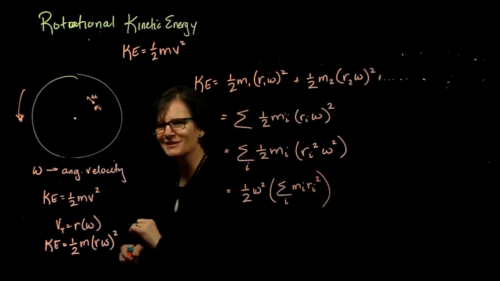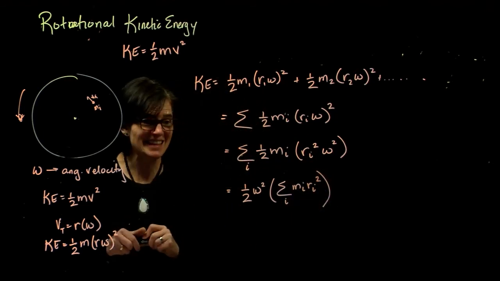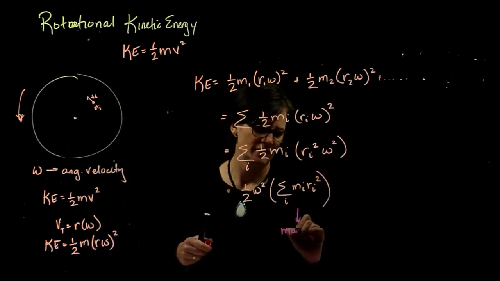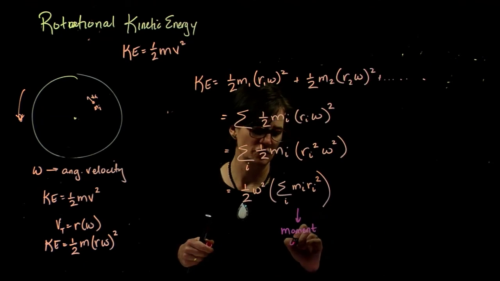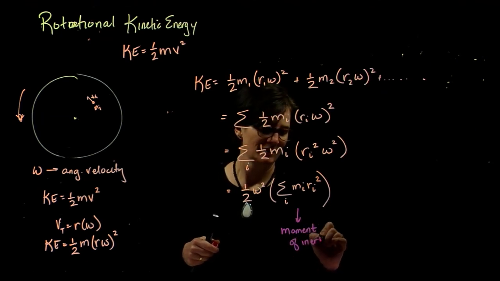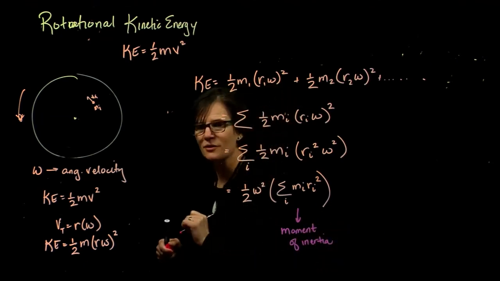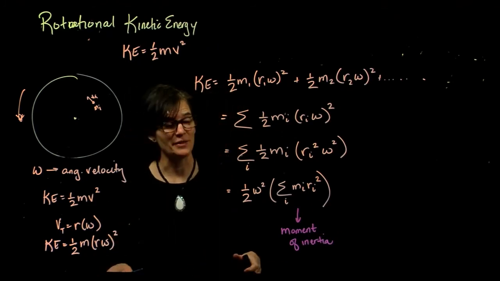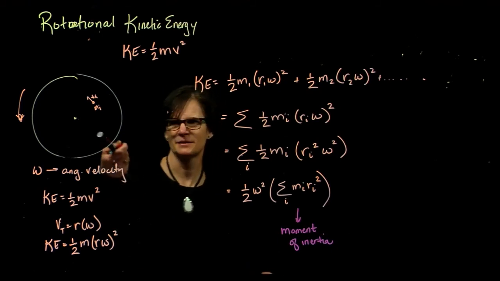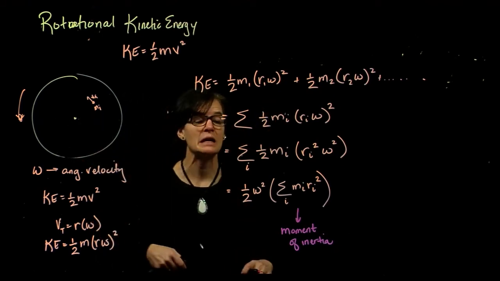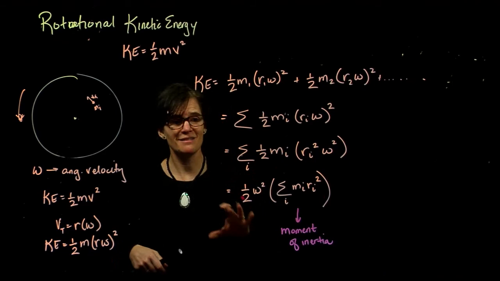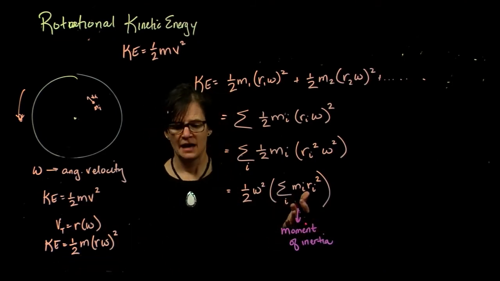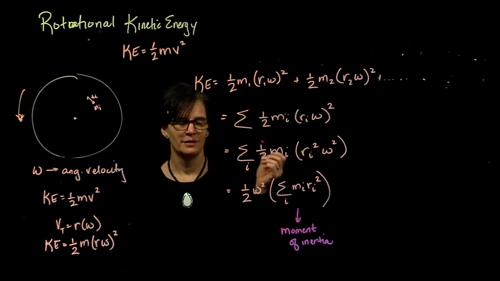Well, that should start to look a little familiar because this is what is known as the moment of inertia. The mass distribution of those masses, how the mass is distributed about the axis. And it's all about the axis of rotation, right? In this case, it was in the center to give us that perspective. But if I do it generically, this is my mass distribution in any system, and therefore my moment of inertia.